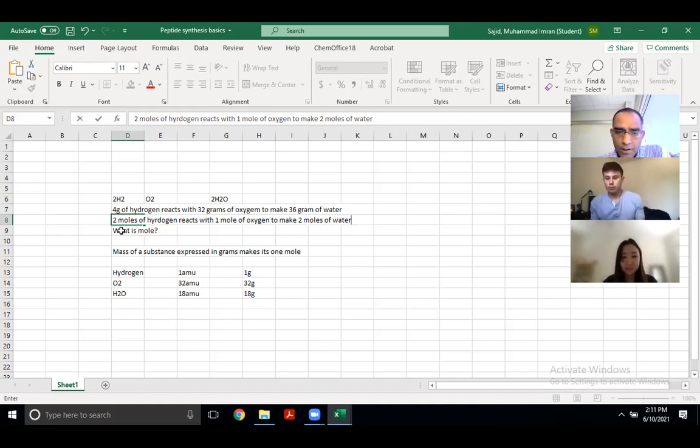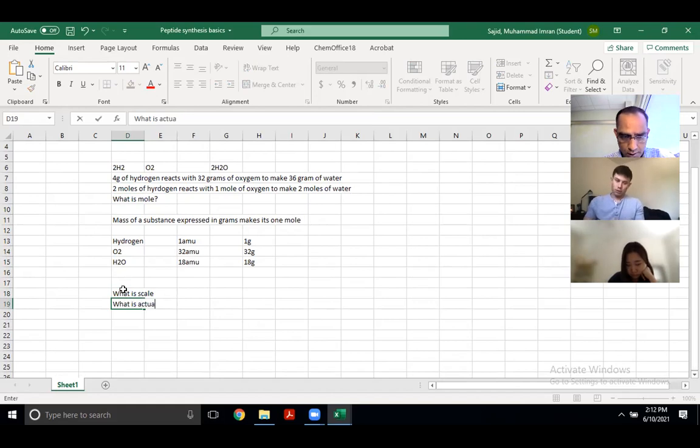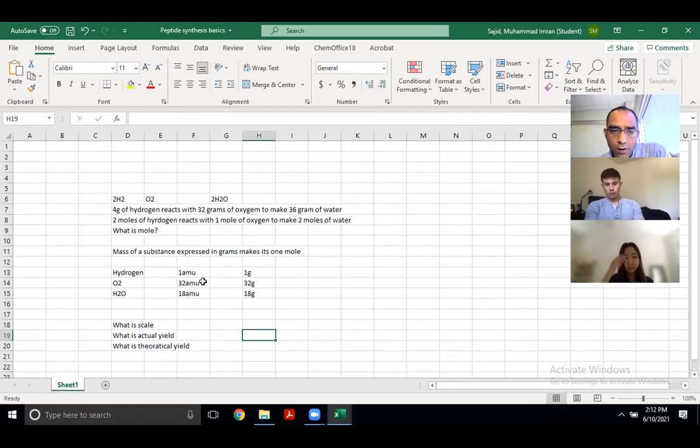Yeah. So here what I actually want to explain is what is scale, and secondly, what is actual yield and what is theoretical yield.